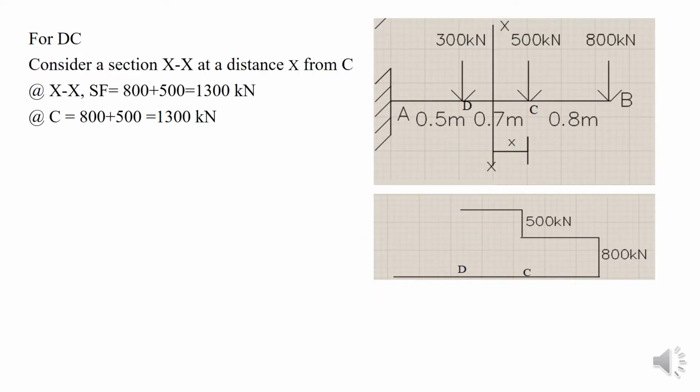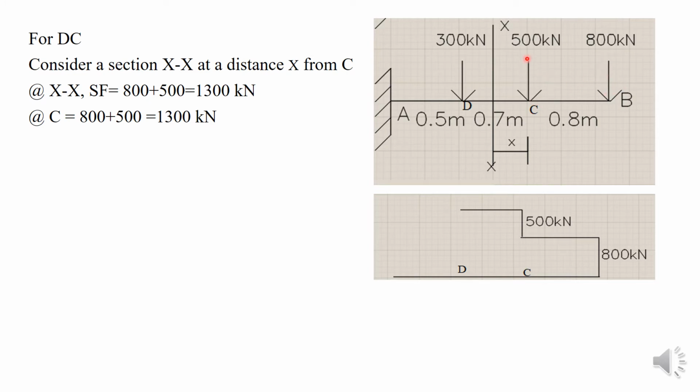Now, for the span DC, again consider the same section line which is at a distance H from the point B. Now take the shear force about this section line. So you can look into the right hand side. Here you can see an 800 kilonewton load acting downward and a 500 kilonewton load acting downward. So the total effect will be 1300 kilonewton.